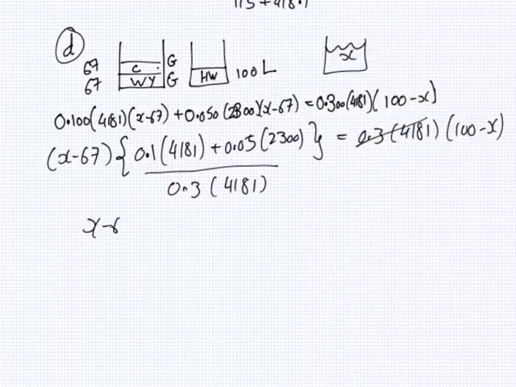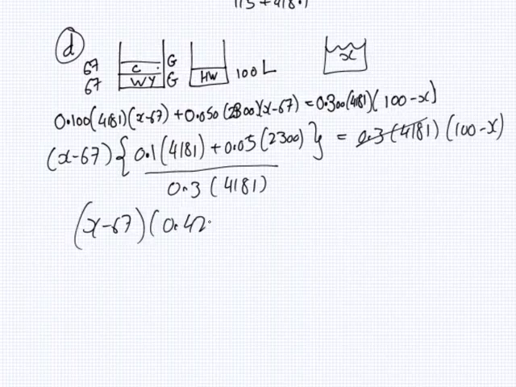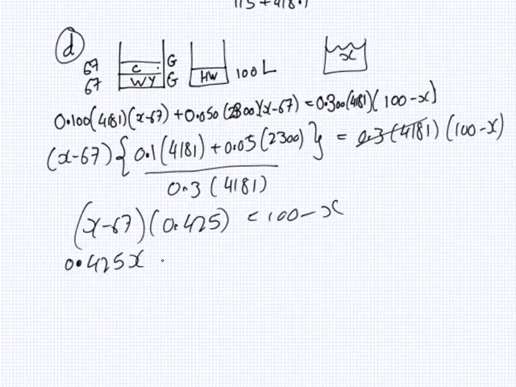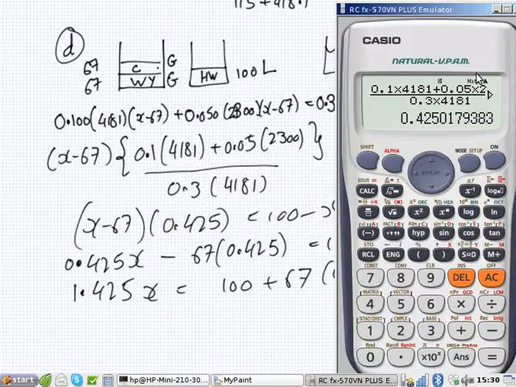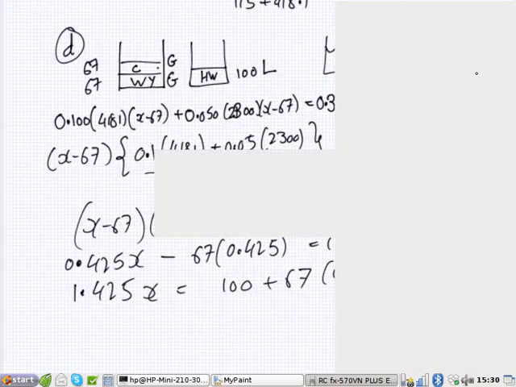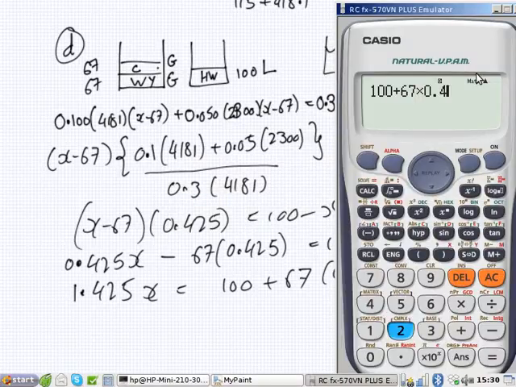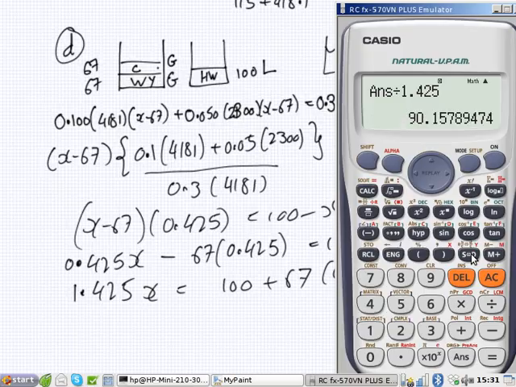So I have X minus 67 times 0.425 equals 100 minus X. So I have 0.425X minus 67 times 0.425 equals 100 minus X. So I have 1.425X equals 100 plus 67 times 0.425. Celsius.